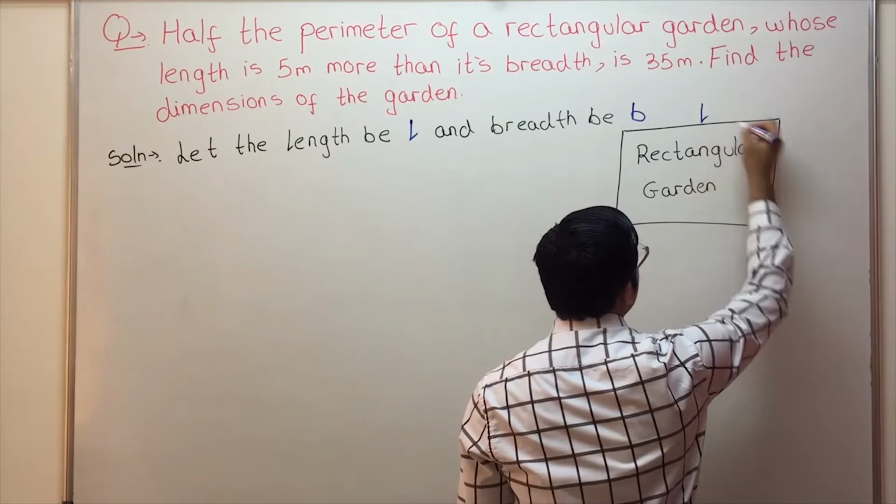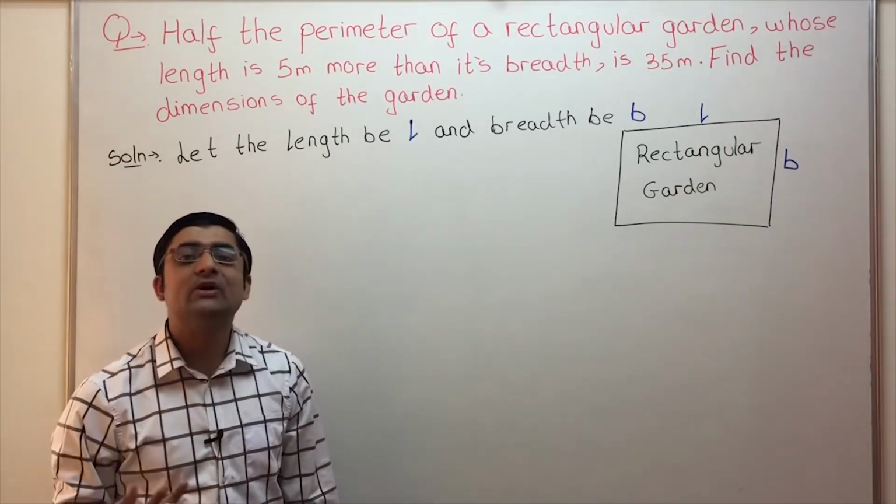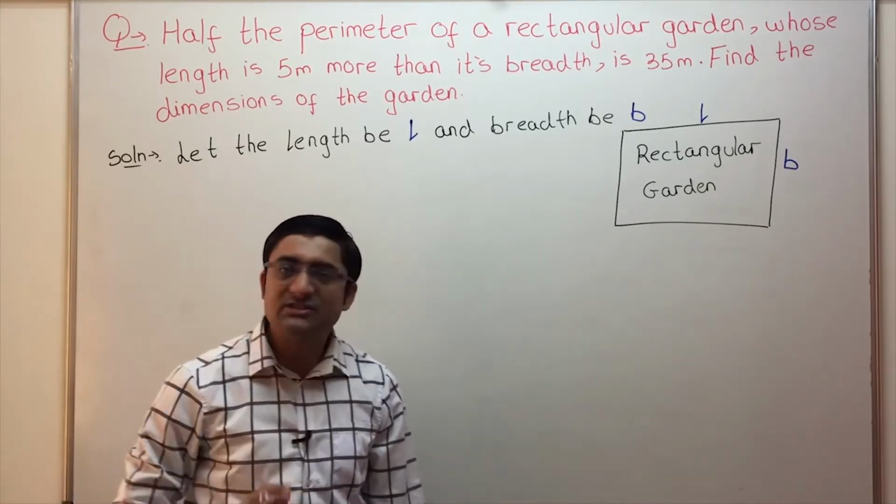Let the length be L and the breadth be B. So we have drawn our figure. Next we assume the unknowns. What is the next step? Frame the equations. For that, let's revisit the problem.